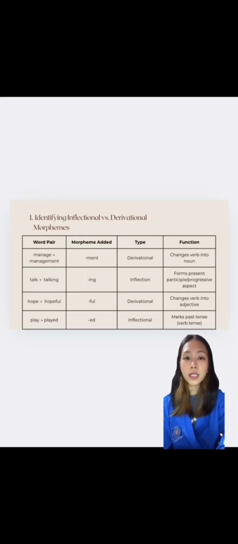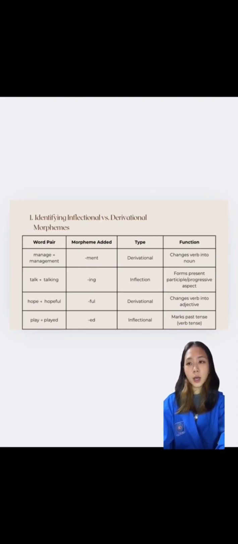So guys, this is the next slide. Number 1 is identifying inflectional versus derivational. I will explain this table a little bit. In this case, we identify two morphological types, derivational and inflectional.